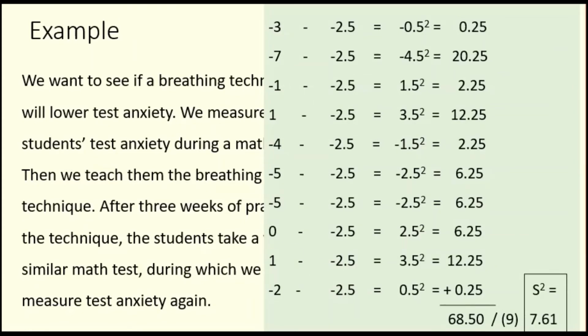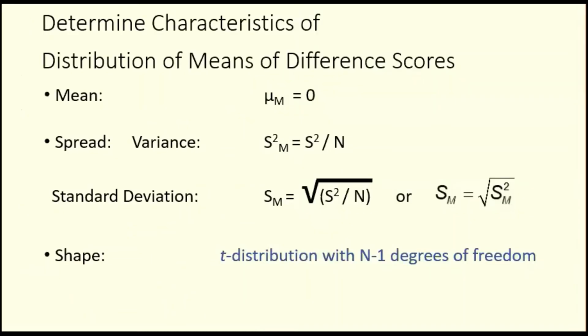And so now we have our difference scores, we have our mean, we have our estimated population variance. We can assume that the mean of our distribution of means of difference scores is 0. And now we have to calculate the standard deviation of the distribution of means of difference scores. And so in order to do that, we know that our estimated population variance is 7.61. And I can just plug this into these formulas essentially.